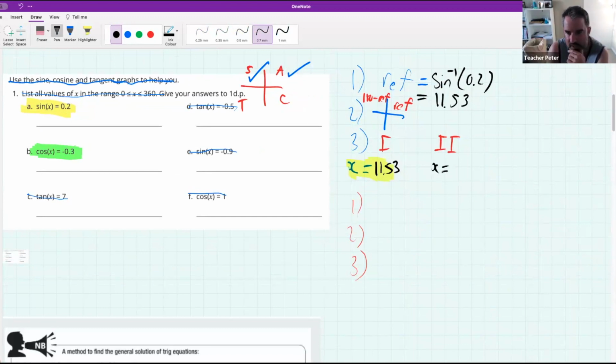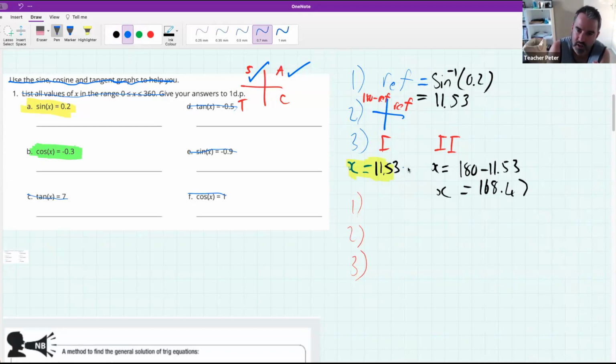Is it going to be 180 plus, 180 minus? I think this is going to be 180 minus 11.53, which gives me 168.47. But this is not a general solution. To become a general solution, you need to add the multiples of the period.